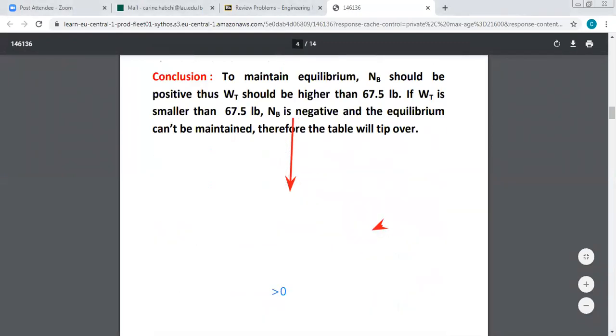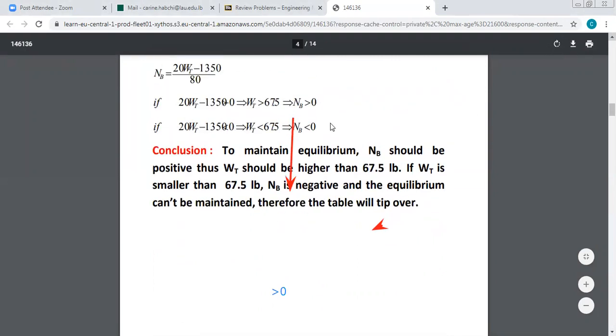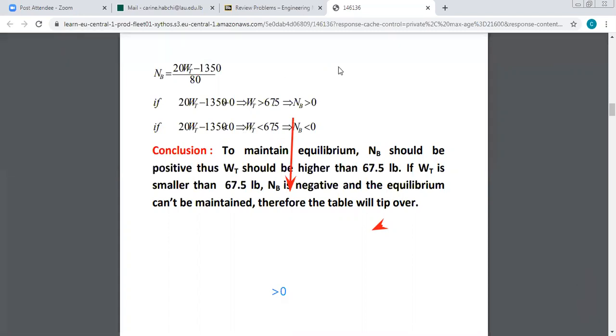So the condition here is to have this term higher than 0. This means that 20 WT minus 1,350 should be higher than 0. If this is the case, you have equilibrium. If it is smaller than 0, then you will have tipping over.